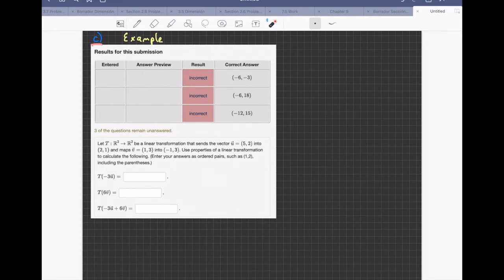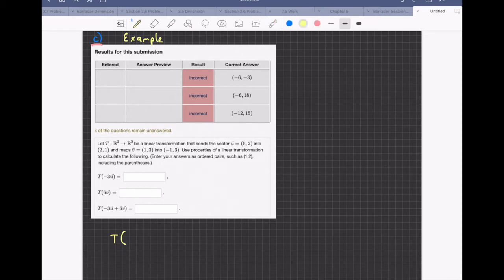All right. So notice, what do we know about this transformation? We don't have the formula for the transformation, but we do know that it's linear and that T sends the vector u into (2, 1).